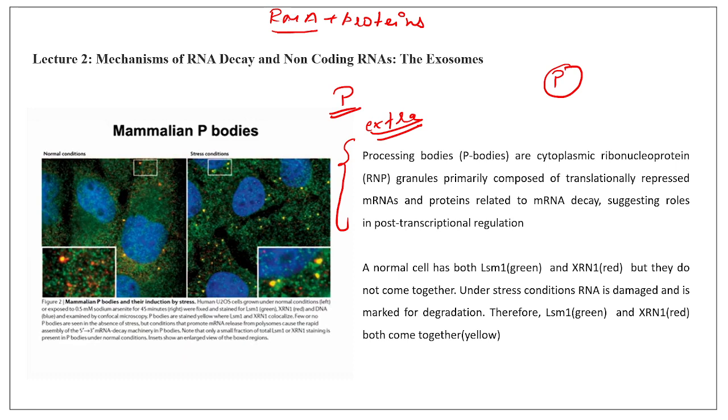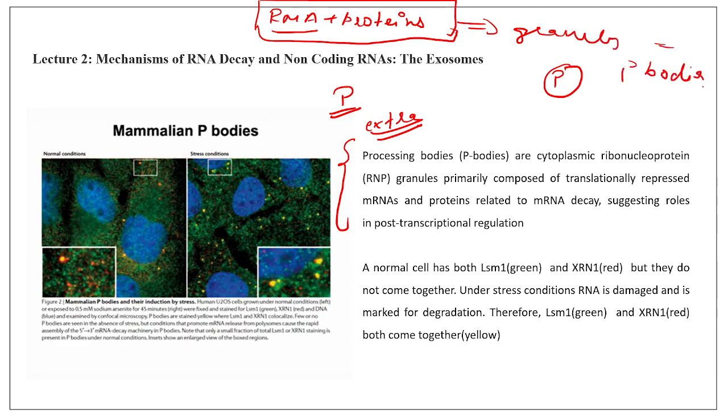It does not carry the good RNAs, it carries the bad RNAs which are repressed, and proteins which are responsible for the degradation of RNAs. So those RNAs which are marked for degradation and the proteins which degrade those RNAs combine together to form granules which are known as P bodies.